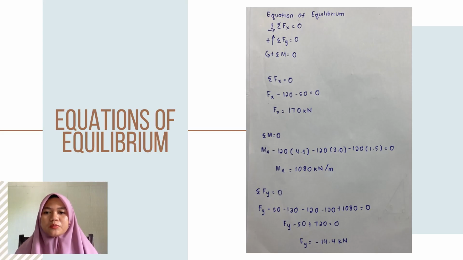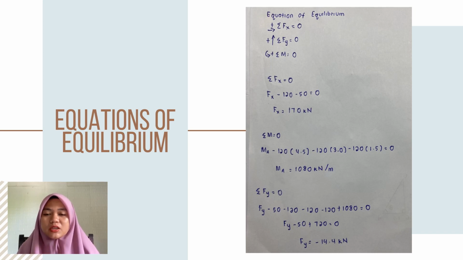The equations of equilibrium have 3 equations. First, Fx. Second, the equation of Fy. Third, the equation of moment.